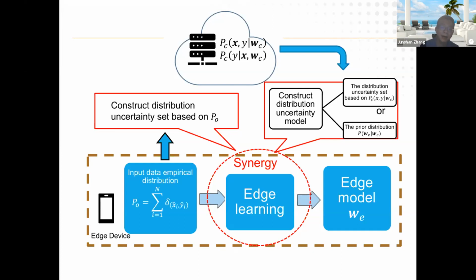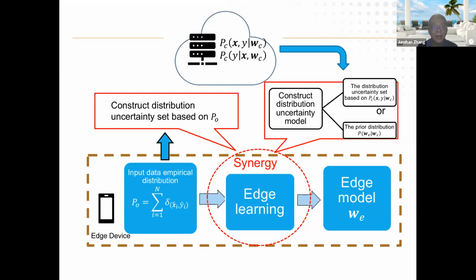Now, if we observe the data at an edge device, because it has a limited amount of data, then the corresponding empirical distribution is also distant from the underlying real model. There's also ambiguity or uncertainty. So if we look at both, the data model from previous tasks and also the local model at the edge, both have uncertainty, both have ambiguity.